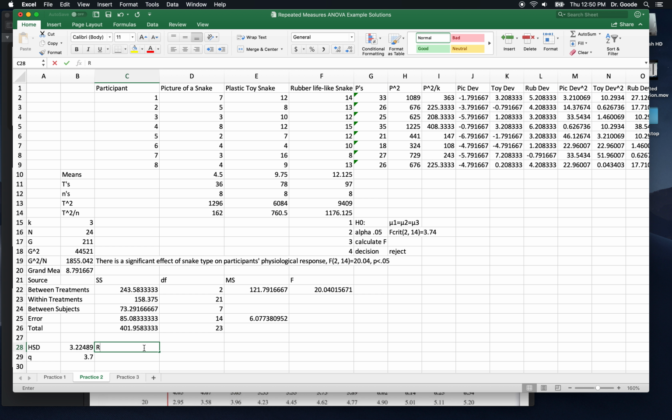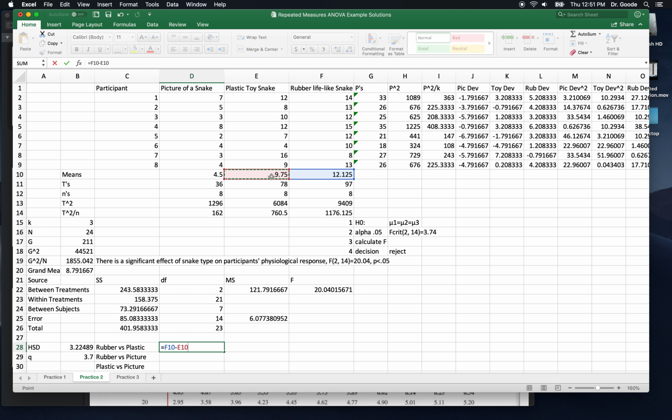Let's label these. Rubber versus plastic. Rubber versus picture. And plastic versus picture. Those are the three comparisons we want to make. So that's equal to rubber versus plastic.